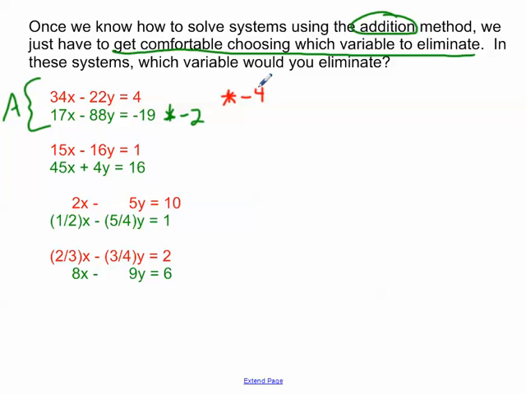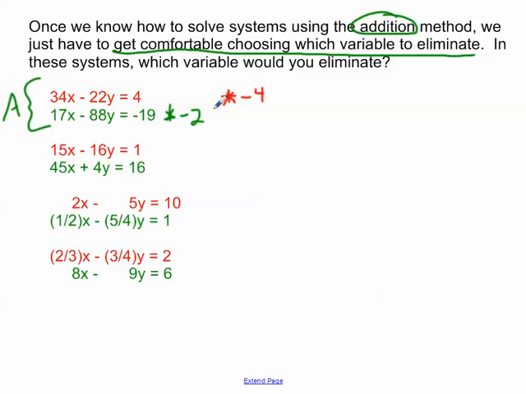If you multiplied the red by negative 4 and left the green alone, the y term would become positive 88y and negative 88y. When you don't modify the green equation, those y terms would cancel out, and you would also be able to move forward by multiplying the red one by negative 4.